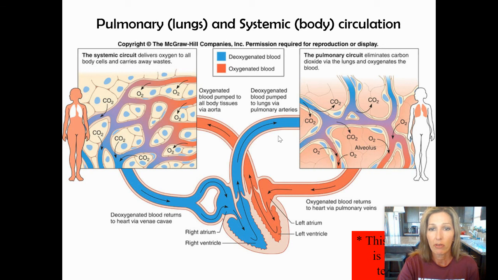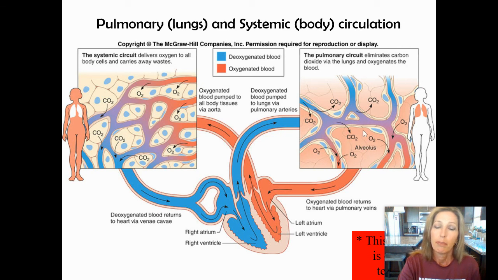And that's what we're seeing over here, what's referred to as the pulmonary circuit. And in the pulmonary circuit, this is going to be capillaries, these small, tiny blood vessels that interact with alveoli. Alveoli in your lungs are those tiny little air sacs.